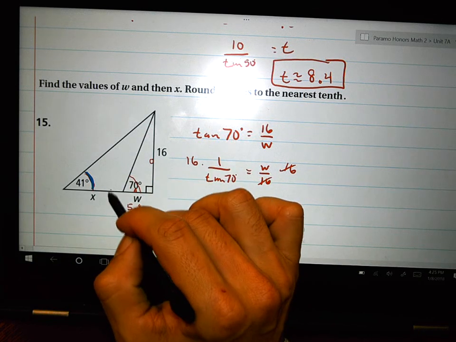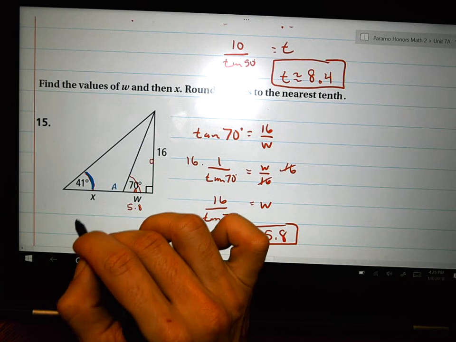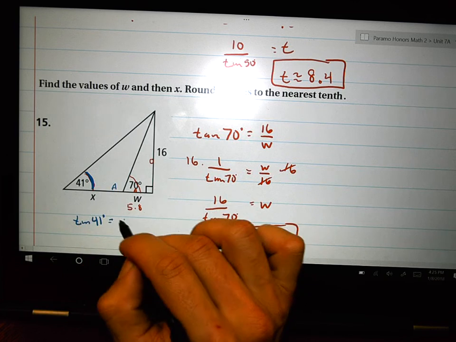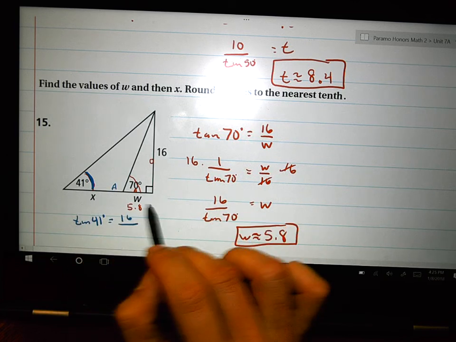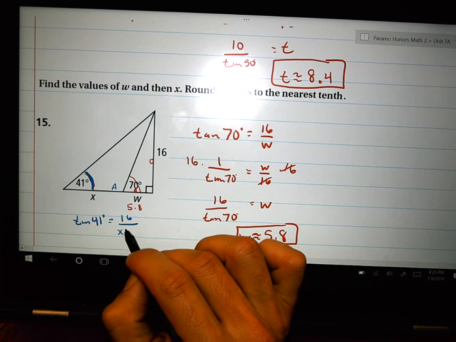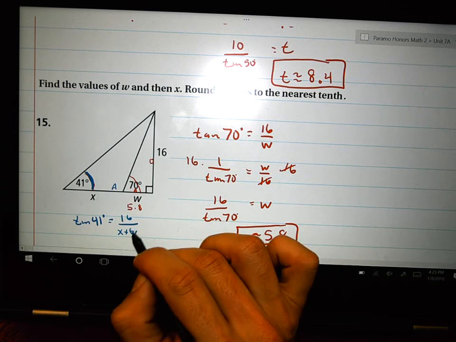This side is the adjacent altogether. So I could use tangent again. Tangent of 41 degrees is equal to the opposite over the adjacent, but my adjacent is this full distance. It's this x plus W. Instead of W, I'm going to put 5.8 right there.